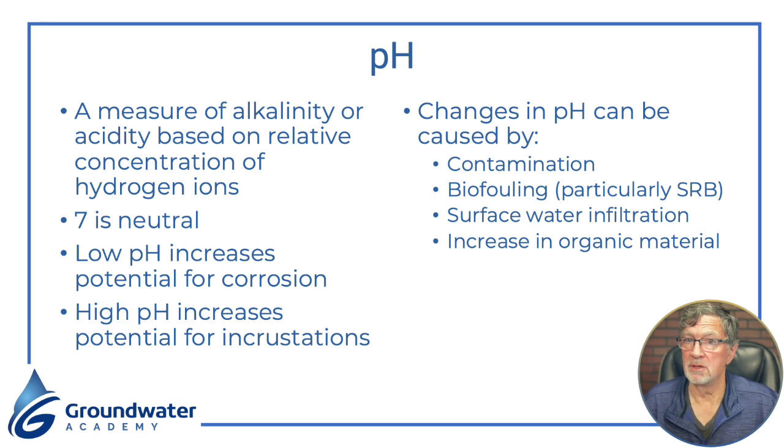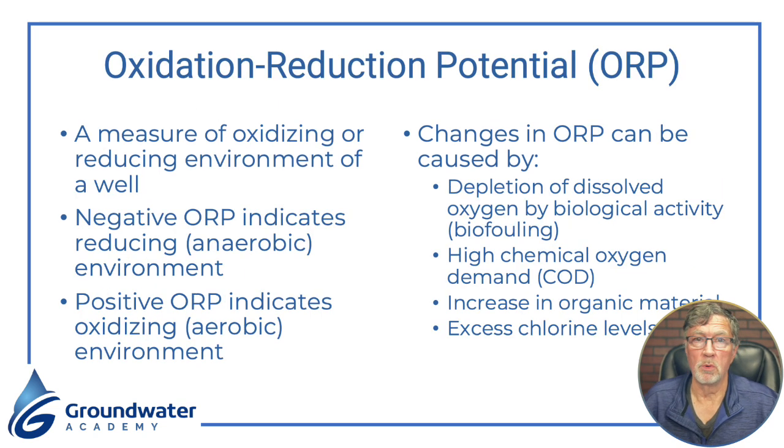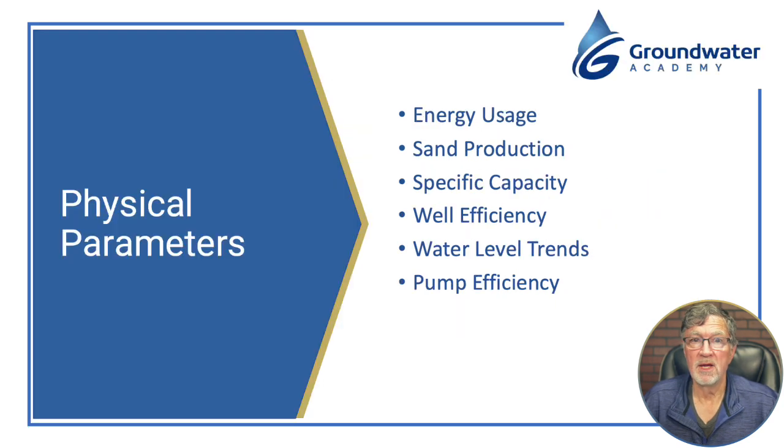Is it contamination, biofouling? Obviously, reduced pH from hydrogen sulfide from sulfate reducing bacteria can be important as well. So monitoring pH, particularly changes, is going to be important. Oxidation reduction potential is going to tell you whether you have oxidizing conditions or reducing, anaerobic conditions. That's going to tell you what type of bacteria, whether you have corrosion potential, those types of things.